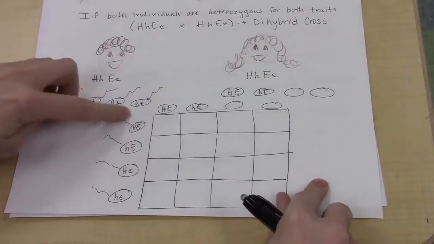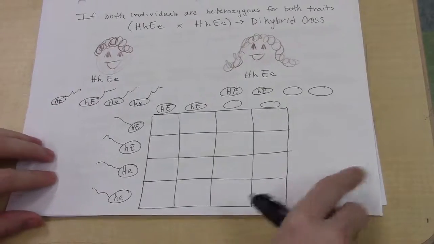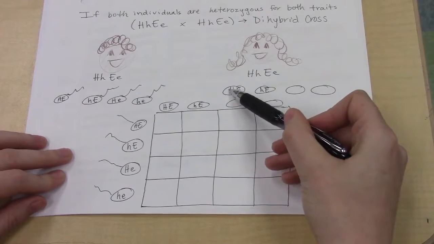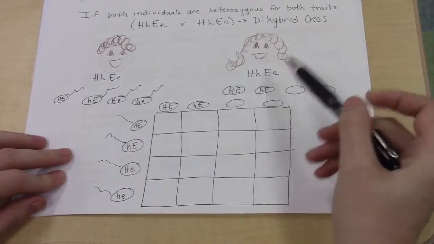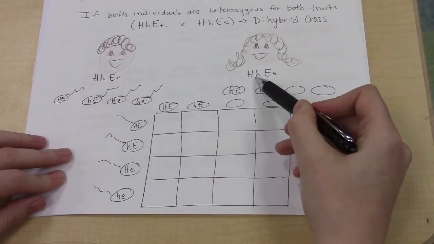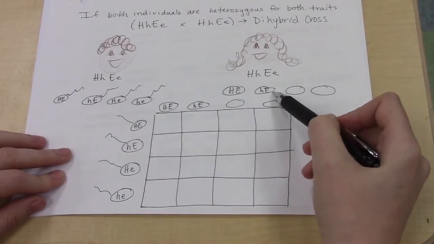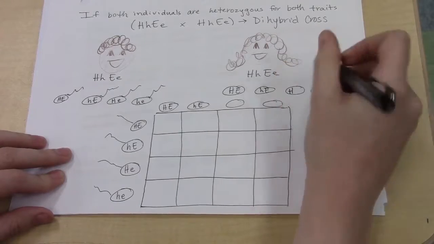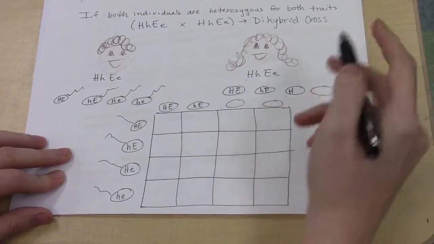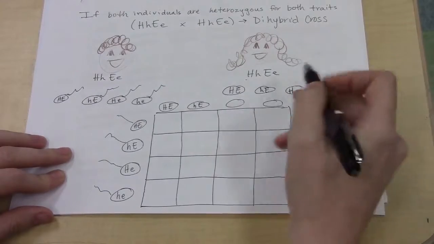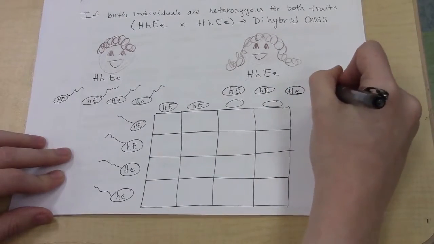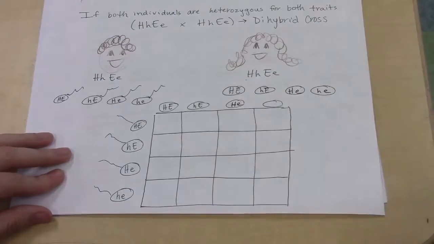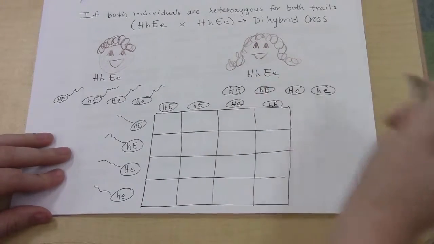So I've already done this for the male, just like we've done in the past. And then for the eggs, I've got this dominant H, dominant E. Then in this one, I'm going to put a different combination, the lowercase h, the dominant E. Okay, and then over here, how about we have the different combination of the dominant H and the blue-eyed allele. And then for this one, we'll do the last combination that we have. And we'll put those above this column.